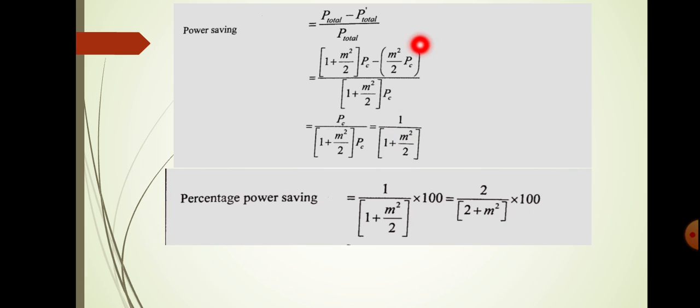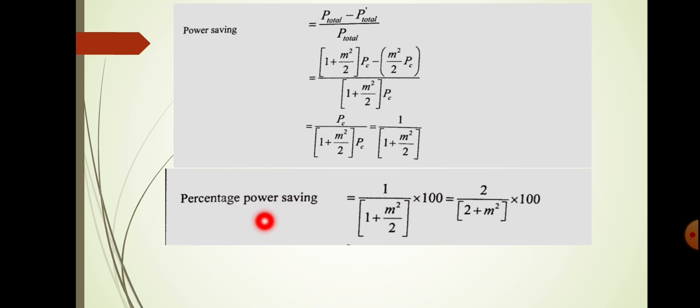These all are simple mathematical steps. You can simply substitute the P total value and P dash total value, and you can cancel the similar terms, so that finally you will get 1 divided by 1 plus m square by 2. This is the power saving when we are suppressing the carrier in the case of double sideband suppressed carrier.